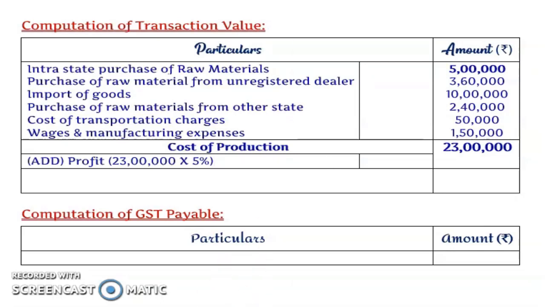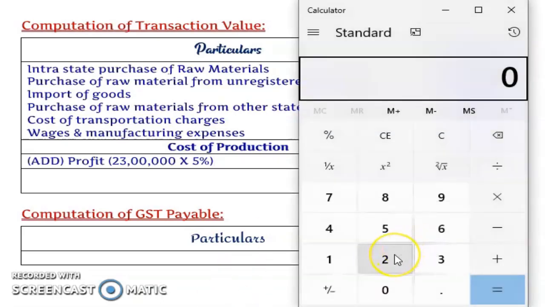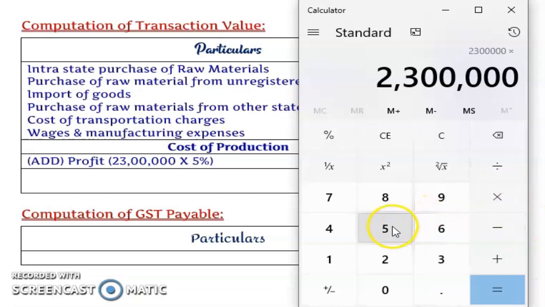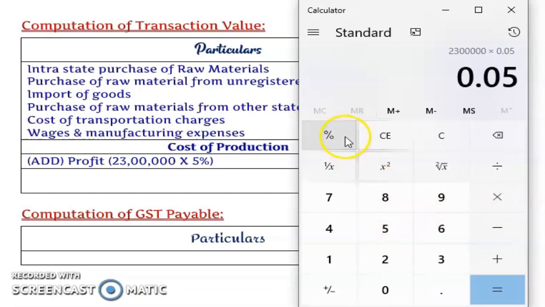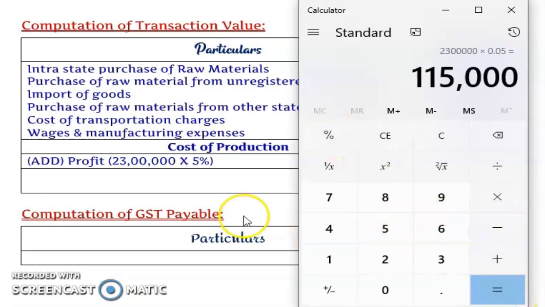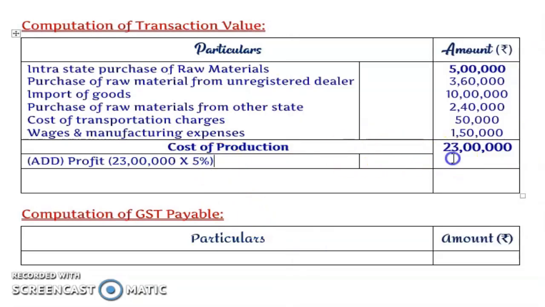We'll use our calculator. 23 lakh into 5%, which is equal to 1,15,000. So that will be the profit we are supposed to add. So we will be adding the profit. So therefore this is our transaction value.